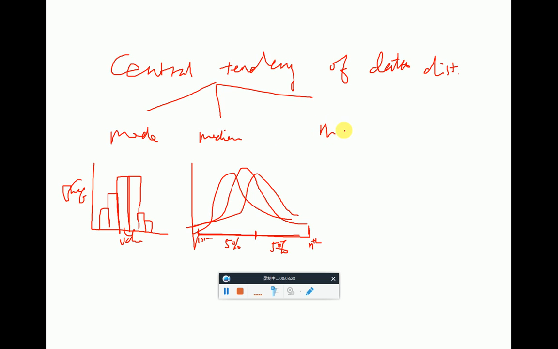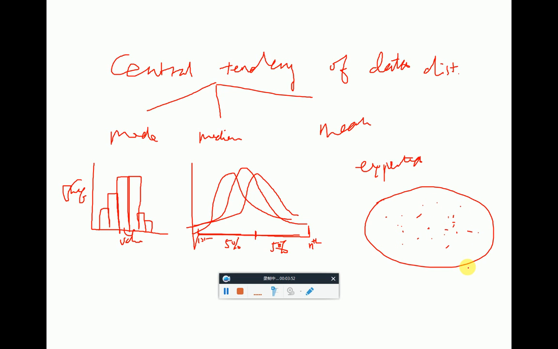And then with mean, right? Mean essentially is the expected value. That is, if we have a large amount of data, and of course a large amount of values, then we ask ourselves, is there any one single value that I can expect from all these values?